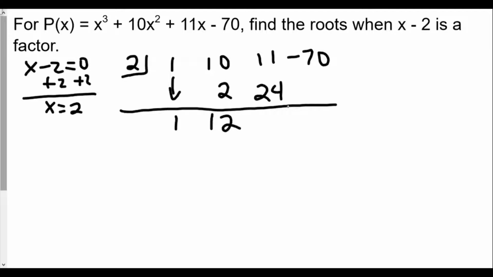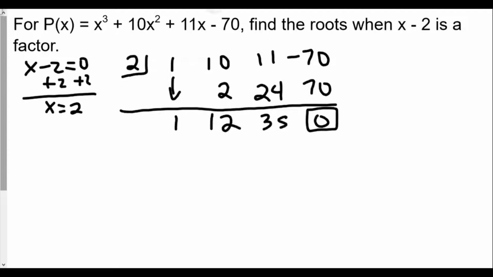We add downwards. We get 35. Then 2 times 35 is 70. And negative 70 plus 70 is 0, which is exactly what we want, because if x minus 2 is a factor, we should see in this case there's no remainder when we divide.